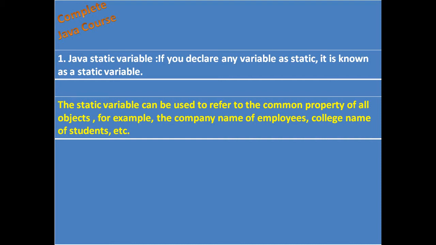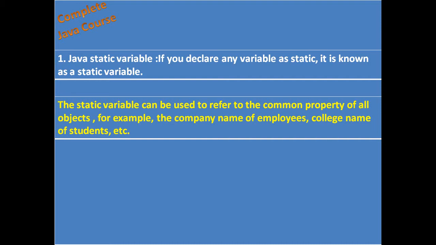So when you create the objects for the employees, the company name property will not be created again and again, because it remains the same for all employees. Whatever property is common for all objects should be static.